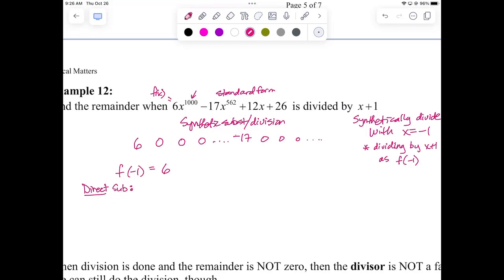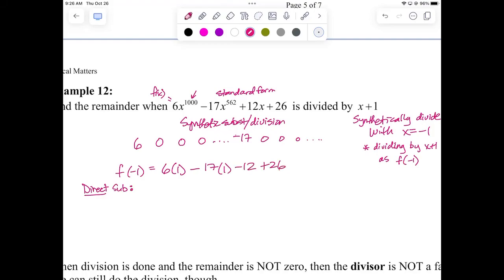Everybody, what is negative 1 to any even power, including 1,000? It's positive 1, right? So that's 6 times positive 1, minus 17. What is negative 1 to the 562nd power? It's also 1 because it's an even number, right? And then I get minus 12 plus 26.